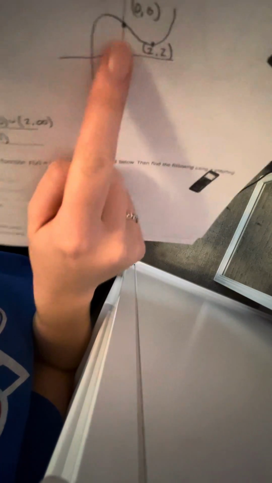And then 2 to infinity, because that point was 2, and it goes up to infinity. And for decreasing, it goes from 0 to 2. That's decreasing. So that's kind of the basic. I could probably explain it better in person, but yeah.